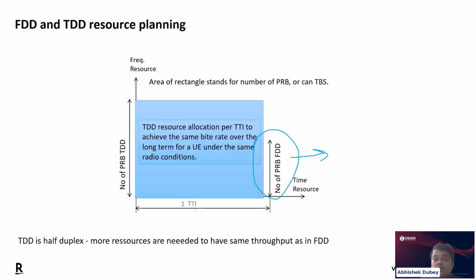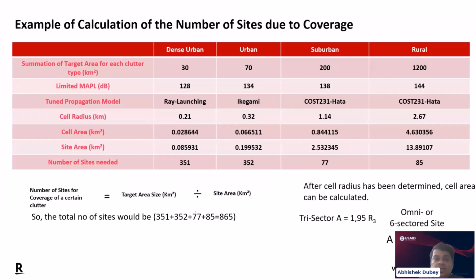So you need to consider that, because the transport block size is something which is factored in this formula. So you need to consider this.